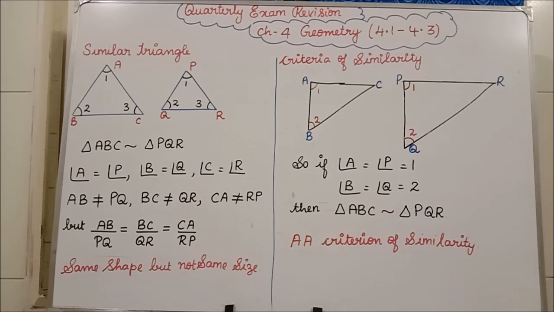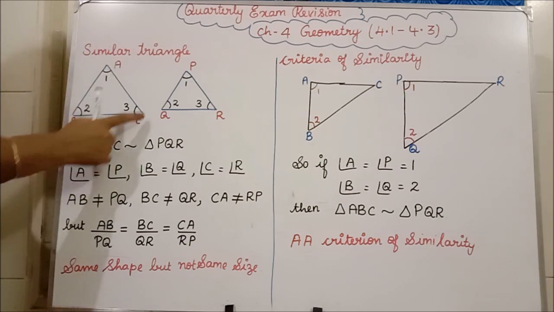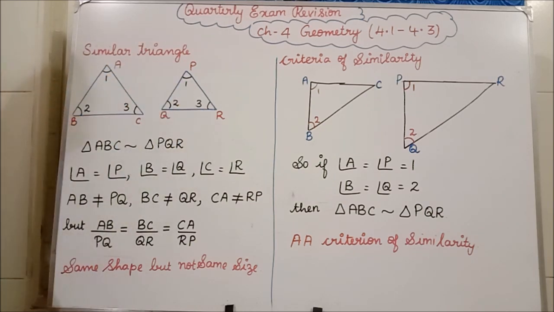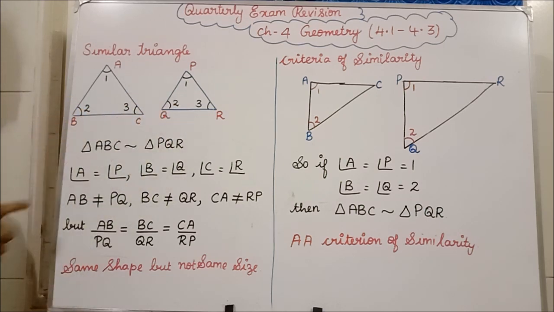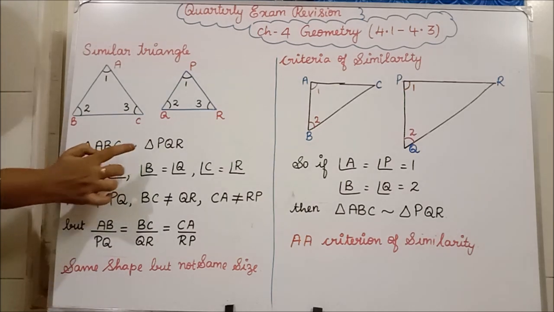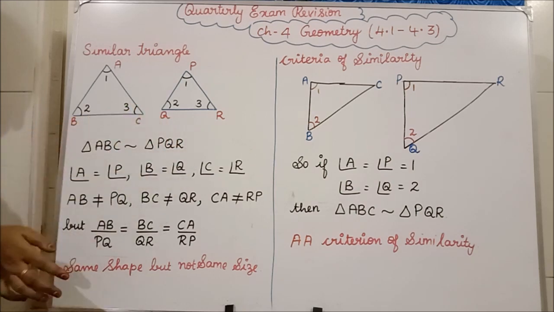We are going to the concept now. In exercise 4.1, all the problems we are solving by the similar triangle concept, isn't it? So first we'll learn about similar triangles. Now see the triangles ABC and PQR. I am saying these two triangles ABC and PQR are similar. Similar means we write it like this. How do I say these two triangles are similar?